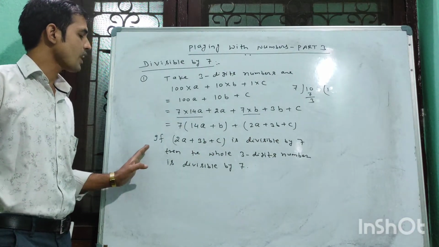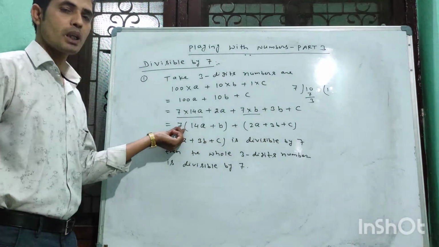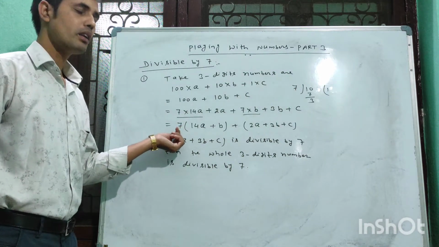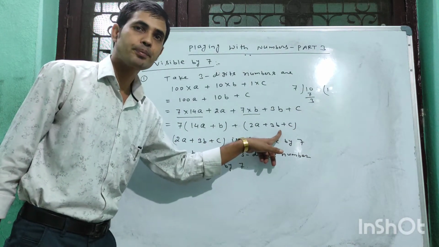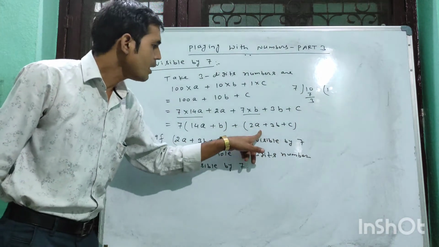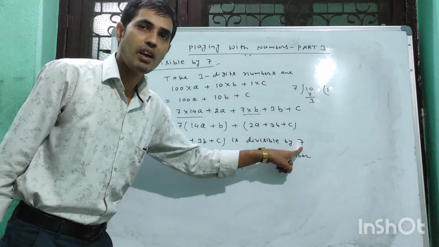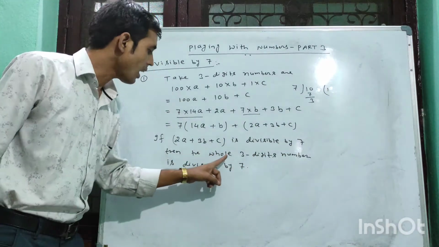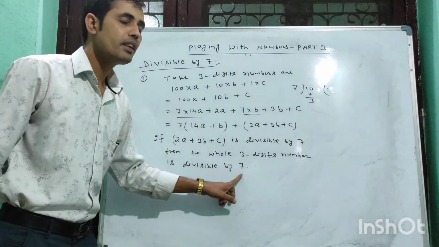So what do we understand here? This term is already divisible by 7 because 7 is a multiple. But this term is not a multiple of 7. So if 2A plus 3B plus C is divisible by 7, then we can say that the whole 3-digit number is divisible by 7.